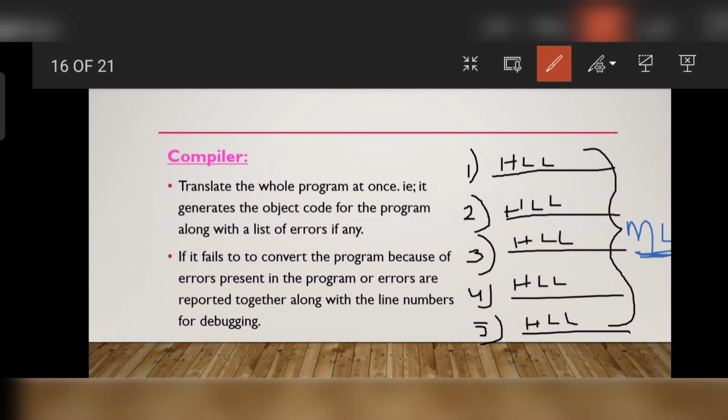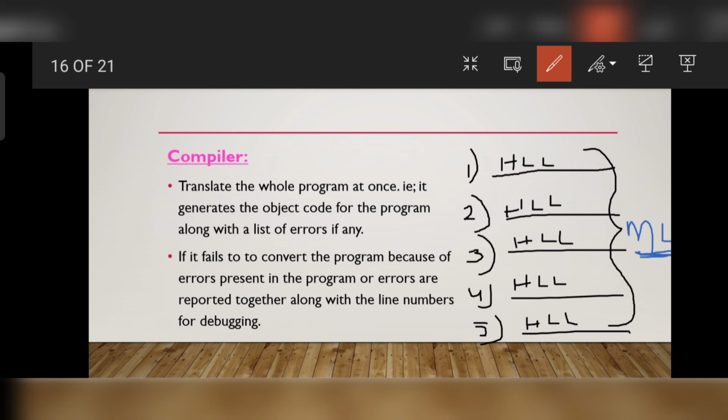Then it will show the list of errors with the line numbers. Okay, it will show the list of errors which happened in the program that we have given, with the line numbers.